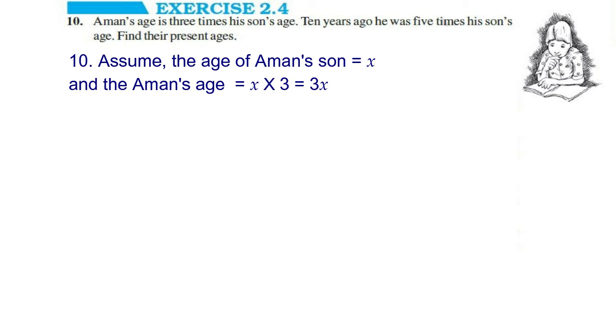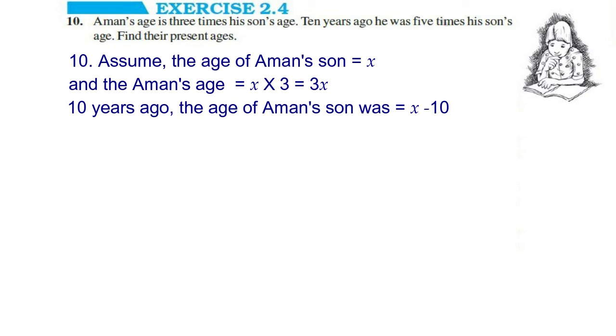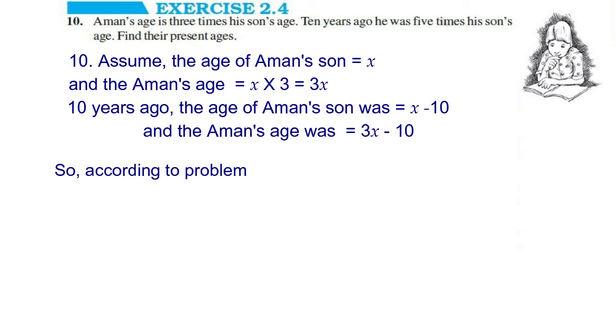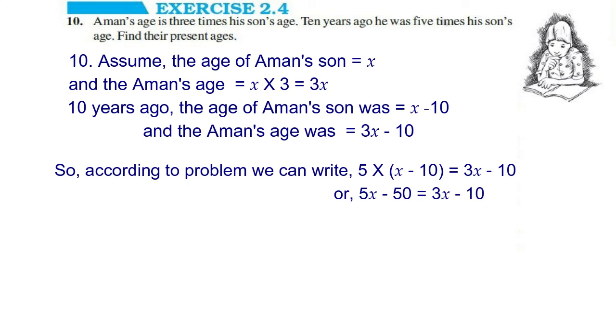And 10 years ago, his son's age was x minus 10 and Aman's age was 3x minus 10. And according to the problem, 10 years ago, he was 5 times his son's age. So we can write an equation: 5 into x minus 10 is equal to 3x minus 10, or 5x minus 50 is equal to 3x minus 10.